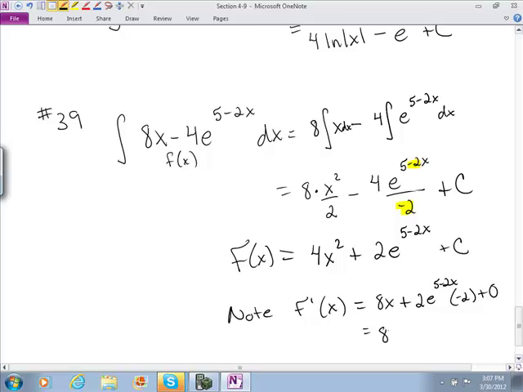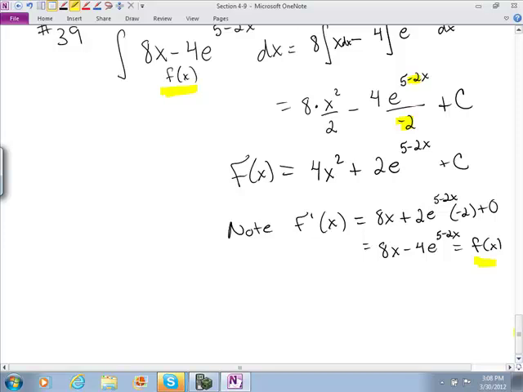So that's 8x minus 4e to the 5 minus 2x, which is exactly the integrand, the little f of x that we had inside the integral symbol. Okay? So these are kind of fun. You just want to take a lot of practice to work them.